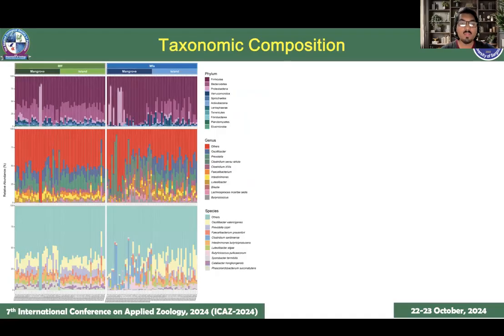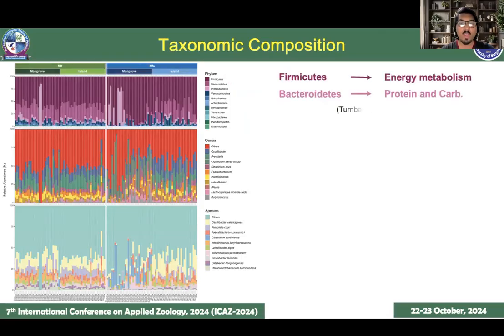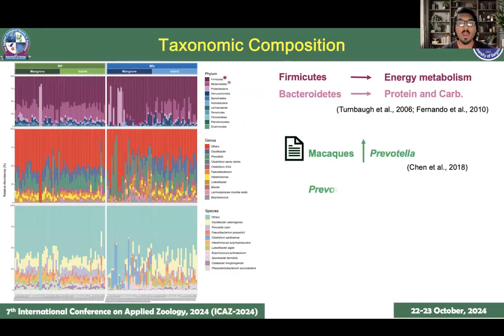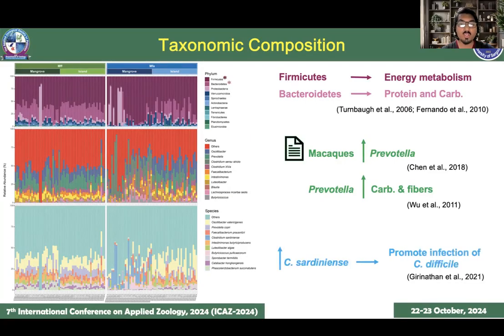Based on taxonomic classification, the top taxa at the phylum level were Firmicutes and Bacteroidetes, while at the genus level, the macaques were highly enriched in Prevotella, which is linked to carbohydrates and fibers. While at the species level, these populations show a higher diversity of Clostridium difficile, which can lead to infection of Clostridium difficile by the Clostridium sensu stricto taxa.